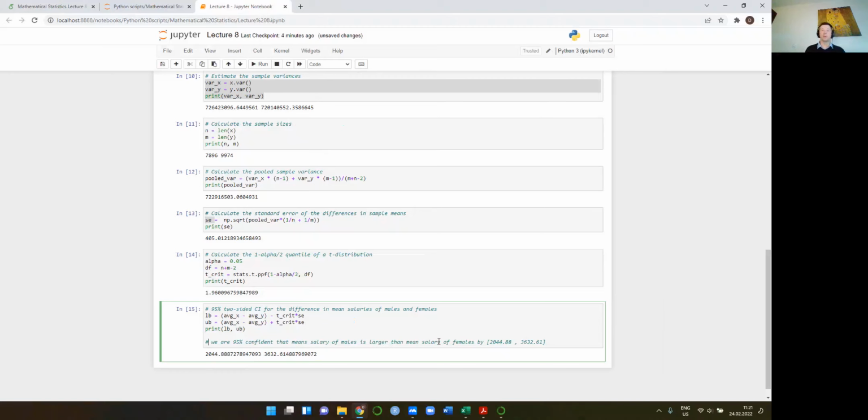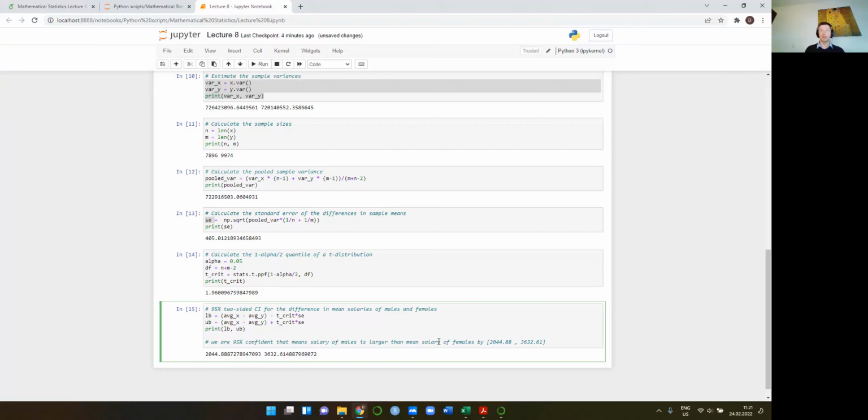So you have probably heard from the American media a lot of stories about gender inequality, about how women are discriminated against on the labor market.